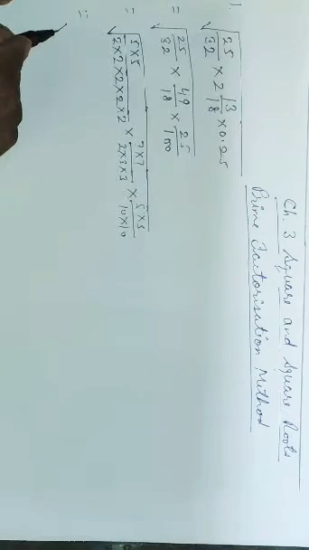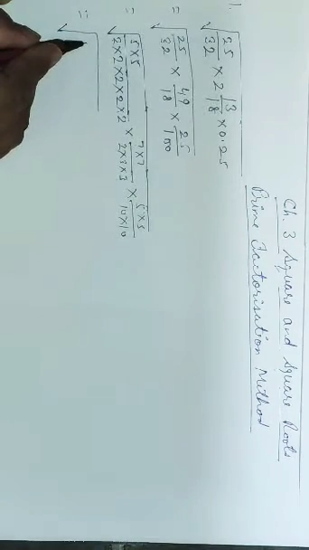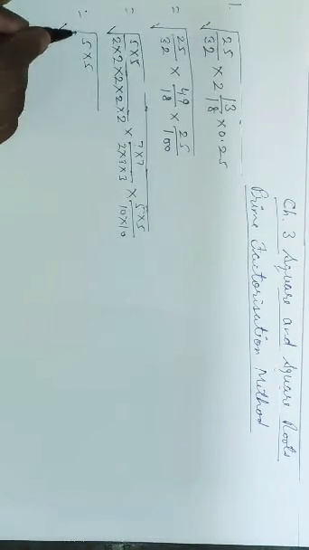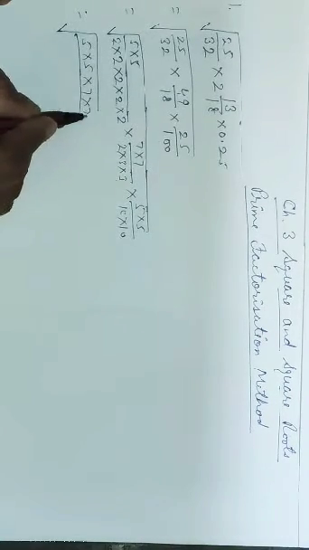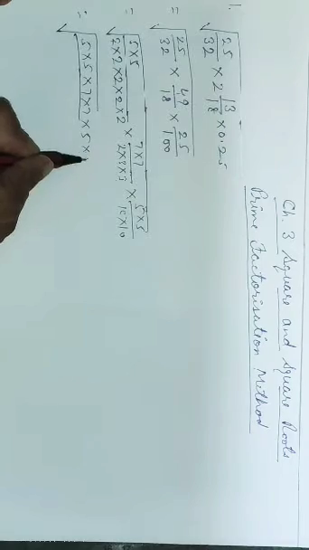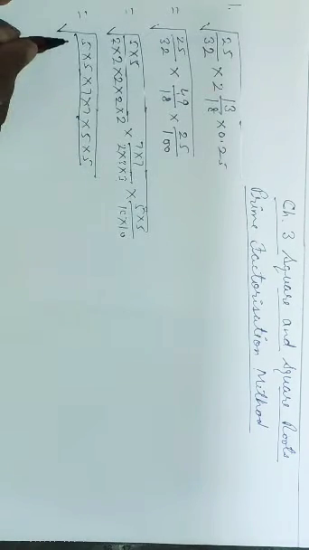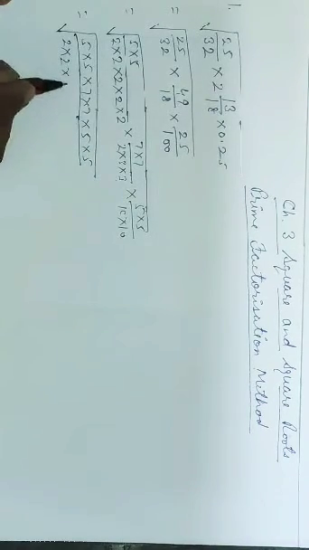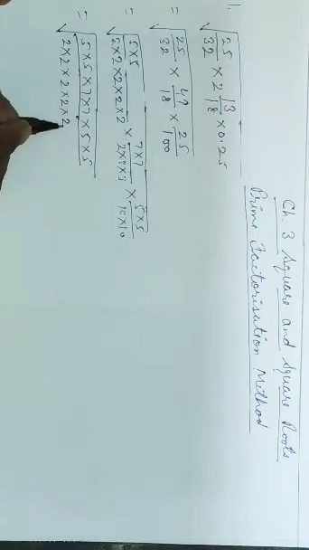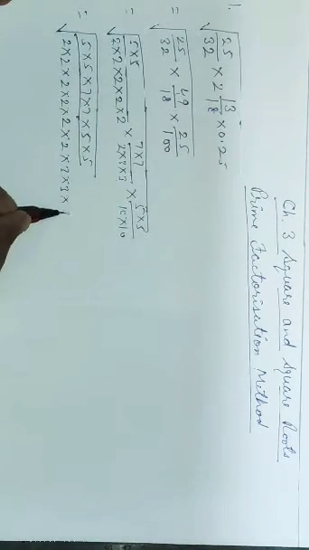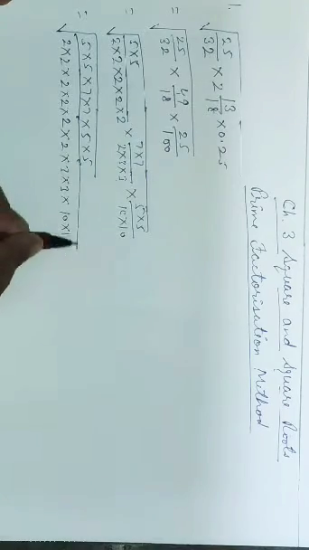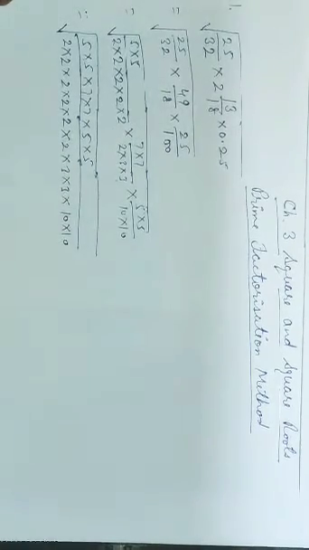Now I will form the pairs. 5 into 5, this is one pair. Let me write all the factors together, denominator also. Now I will form the pairs.